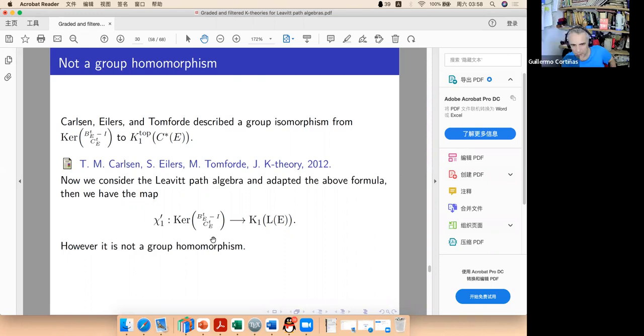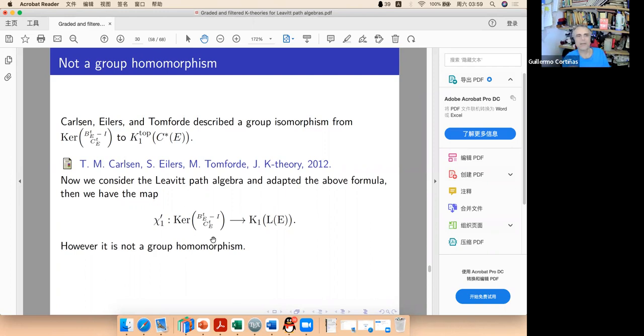It maps generators; it's a set-theoretic section. You choose a basis, because it's a free abelian group, define it on the basis and extend by linearity.